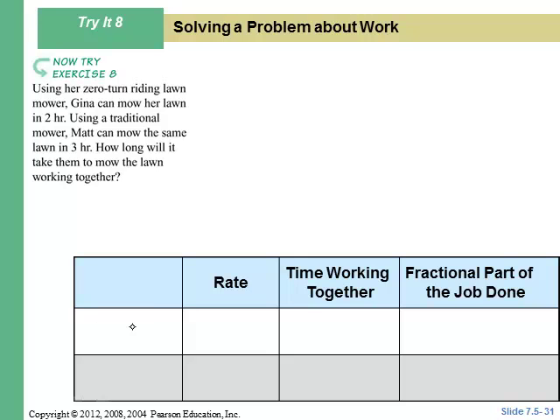With the zero turning radius and with the traditional lawnmower, Gina can mow the lawn in half an hour, half the job in an hour, a third of the job in an hour. The time working together is T. I'm sorry, let's use their names, Gina and Matt.